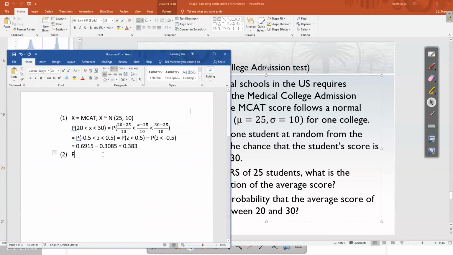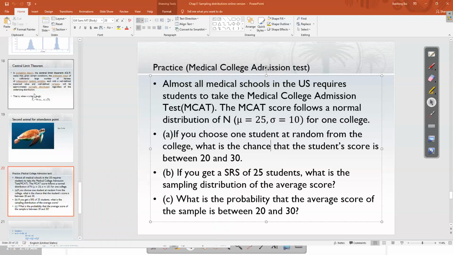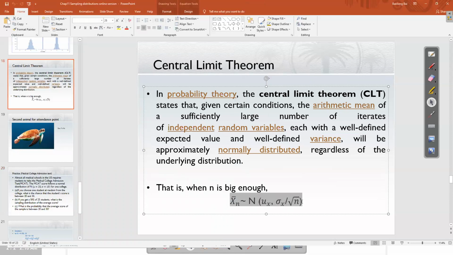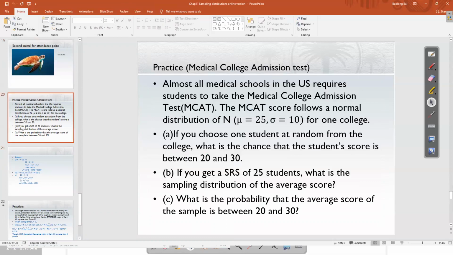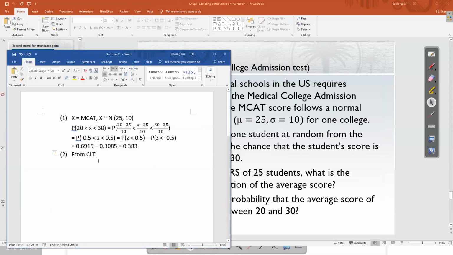The only place that will give you a distribution of X bar is the central limit theorem. And from the central limit theorem, X bar will follow a normal distribution with parameters mu and sigma over square root of n. I'm going to copy that over here so that I don't have to type it.